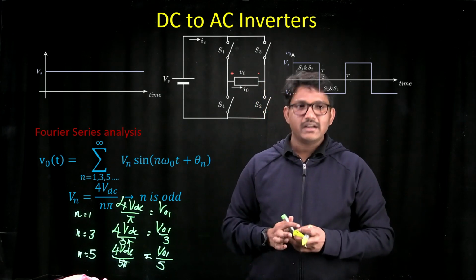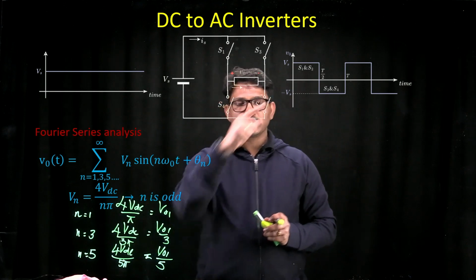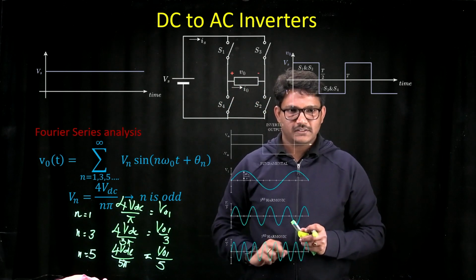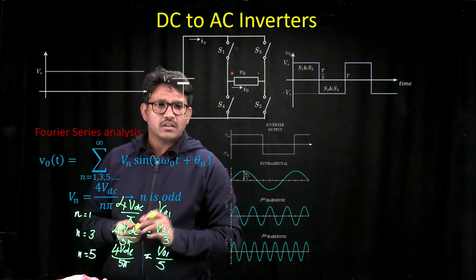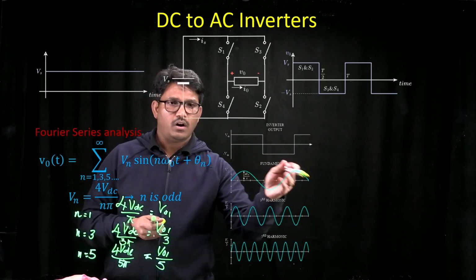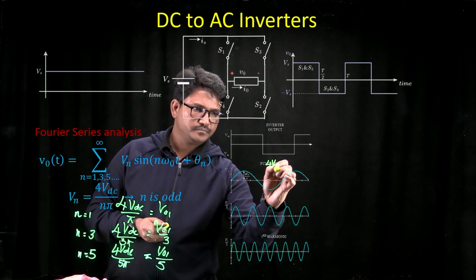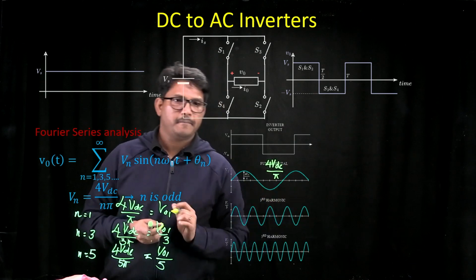Now if you look at the sine waves which are incorporated to represent your square wave here, they look like this. The peak value of the fundamental frequency, that is 60 or 50 Hz, is going to be 4VDC upon pi.